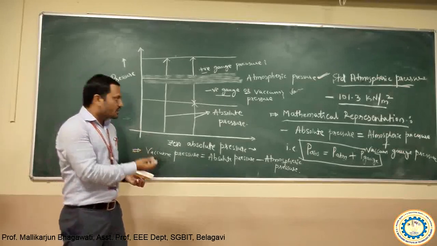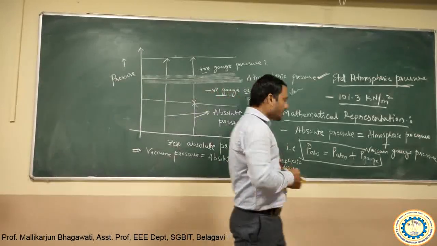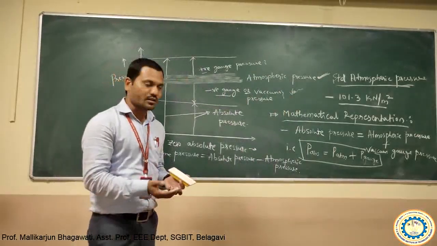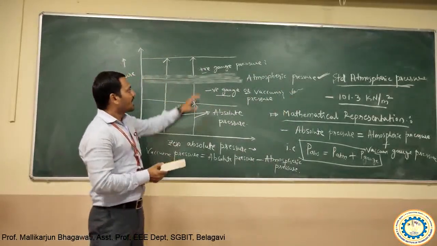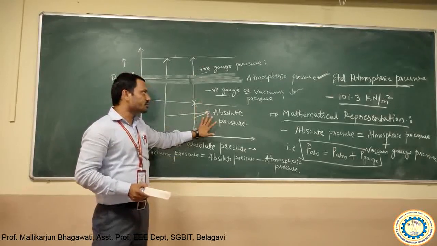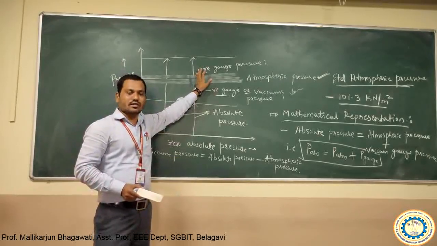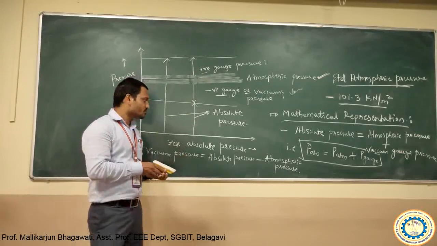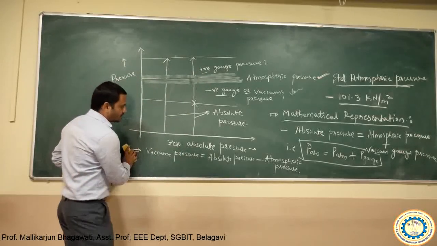Apart from absolute pressure and vacuum pressure, we have another pressure, the total pressure. Total pressure is the addition of atmospheric pressure, absolute pressure and vacuum pressure. We use the total pressure at sea level.